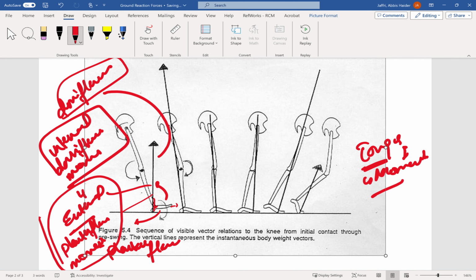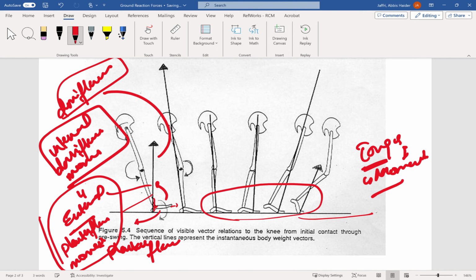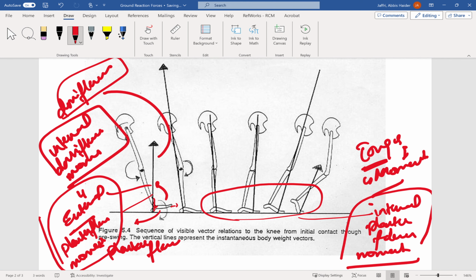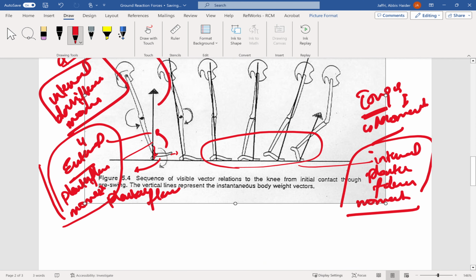This is also an external dorsiflexor moment, and this is also an external dorsiflexor moment. All of these external dorsiflexor moments are counteracted by an internal plantar flexor moment. Okay, so this is the brief concept of how the ground reaction forces are acting on the joints in the body.